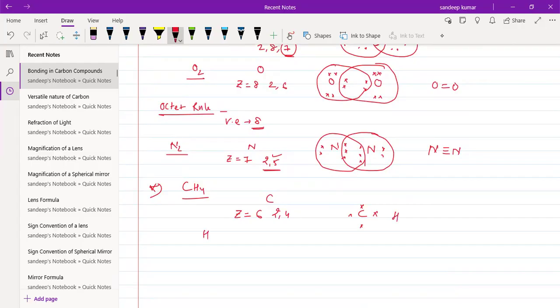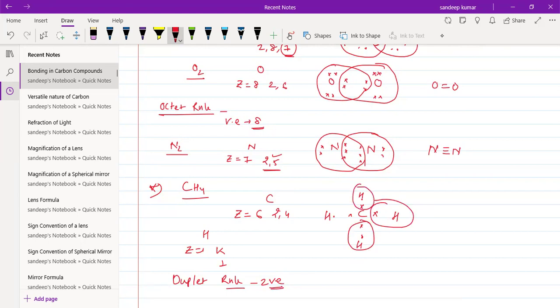Hydrogen's atomic number is 1, so in the K shell only 1 electron is there. To become stable, hydrogen needs 1 electron. Which rule? The duplet rule. The duplet rule states that if any atom has 2 valence electrons, then it is stable. So hydrogen will take 1 electron from carbon and become stable.